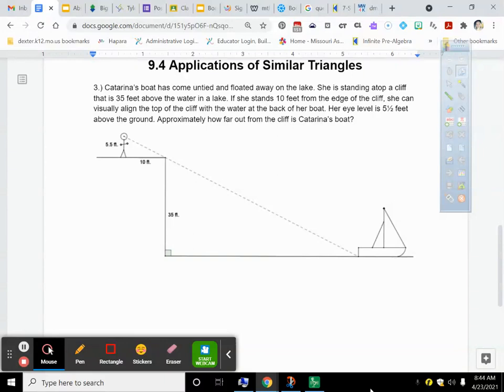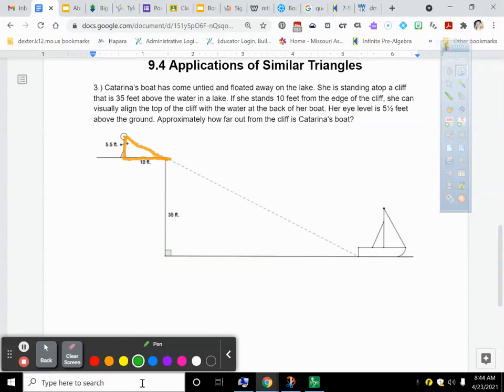Okay, so first you have to figure out your 2 triangles. Which ones are your 2 triangles? Where are my 2 triangles? The 5.5 and then 10, and draw that. Okay, so there's one triangle.